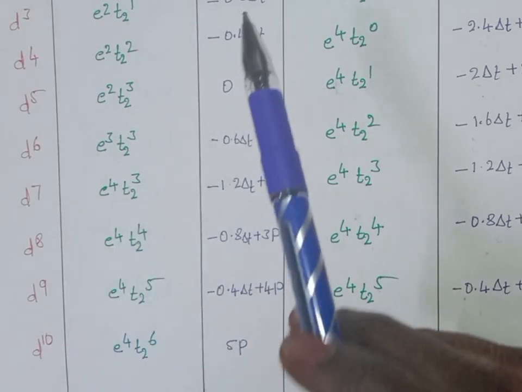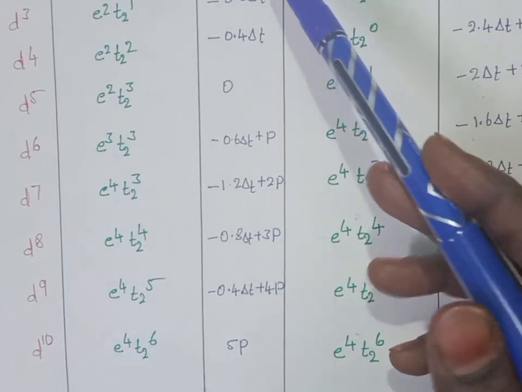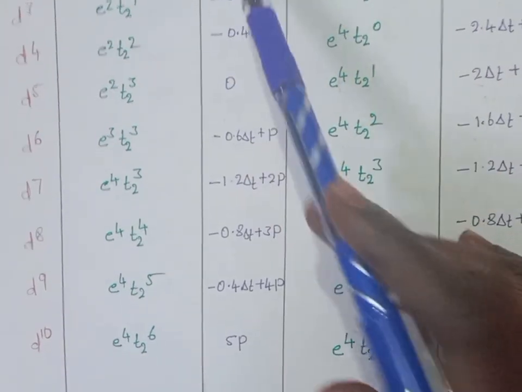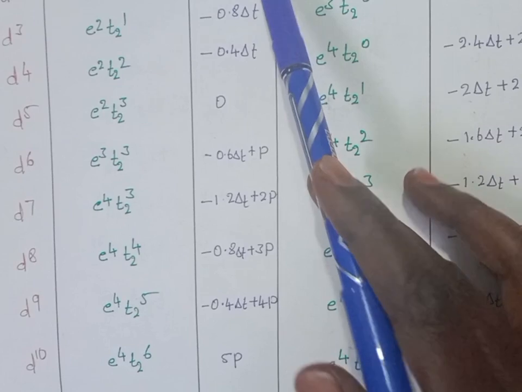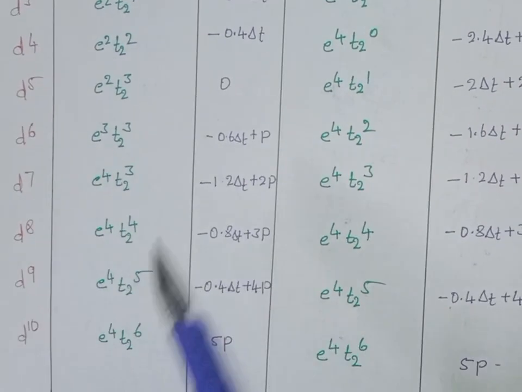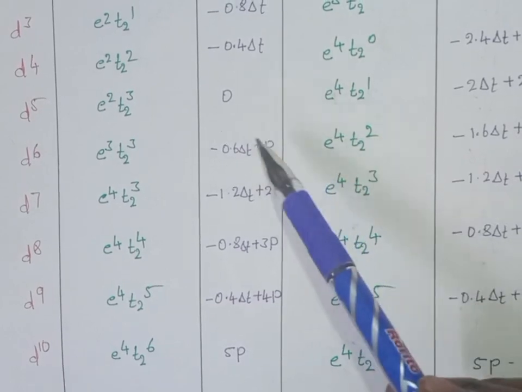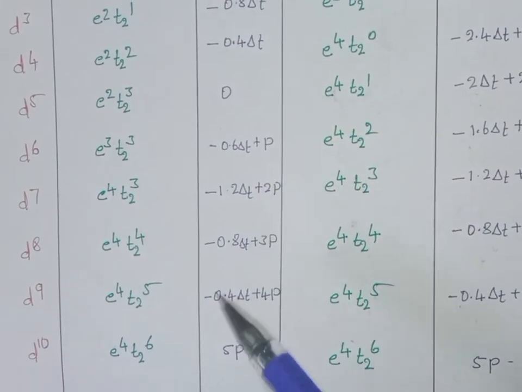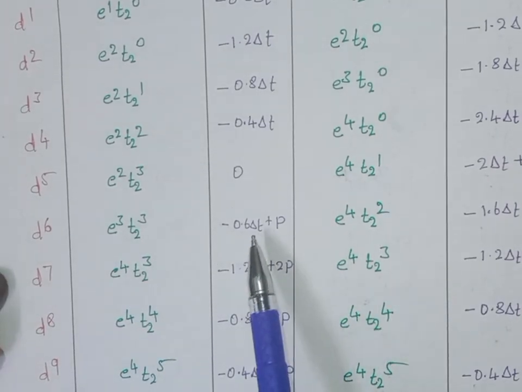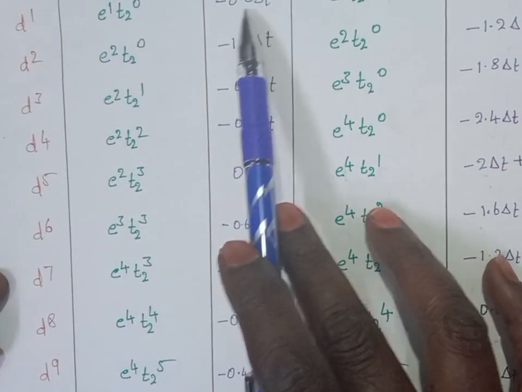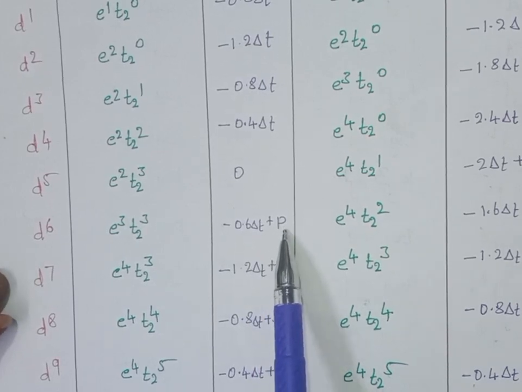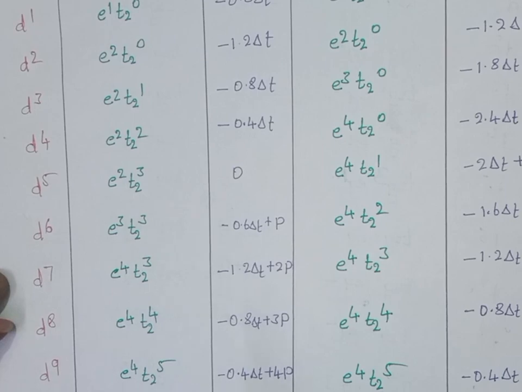If we see the CFSE values for weak field complexes, d1 to d10, d1 and d6 vary with minus 0.6 Δt, plus only one pair added in the d6 system.